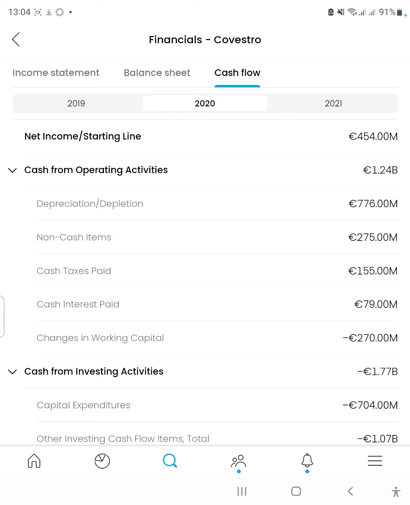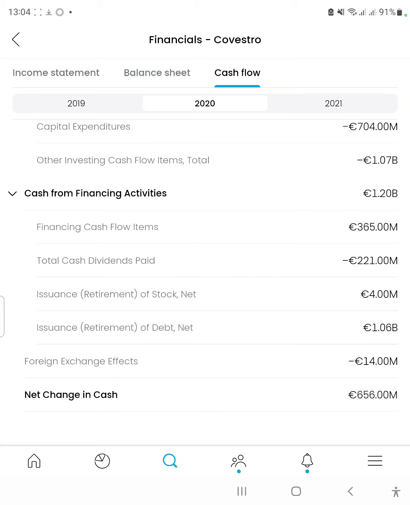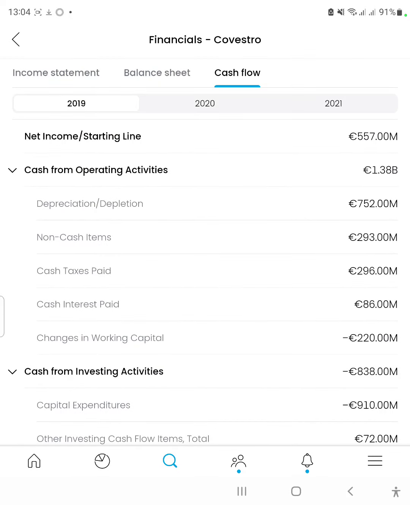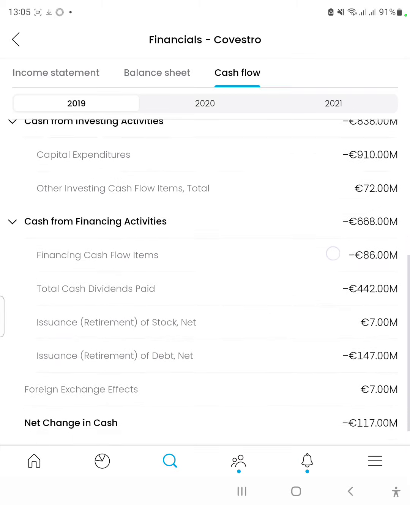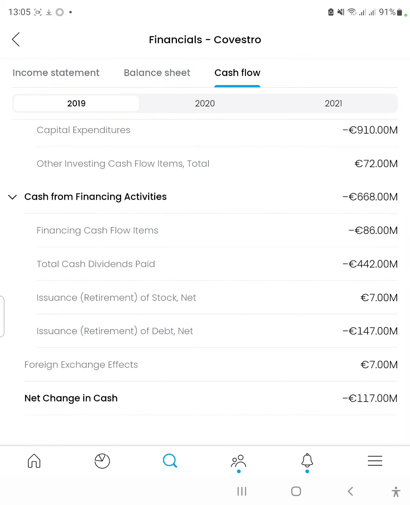In the 2020 financial year, the net income starting line was 454 million, and the company gained 200 million. In the 2019 financial year, the net income starting line was 557 million, and the company spent just over 600 million. So in 2 out of 3 years, the company's had a negative net change in cash.